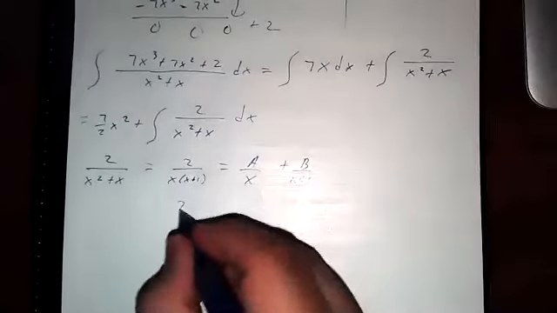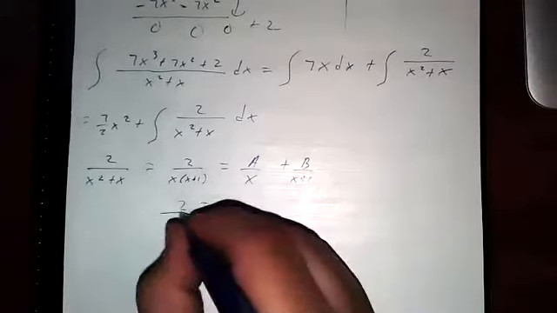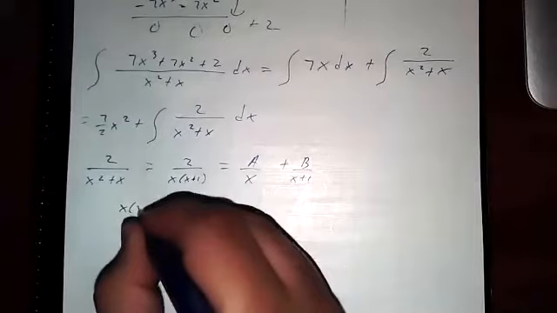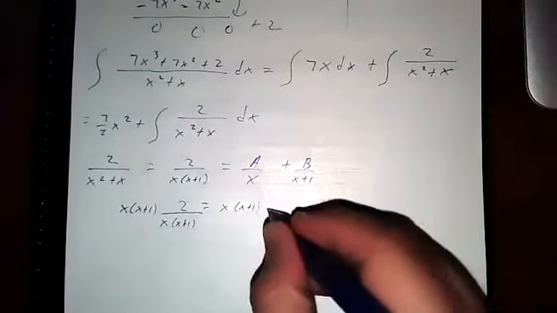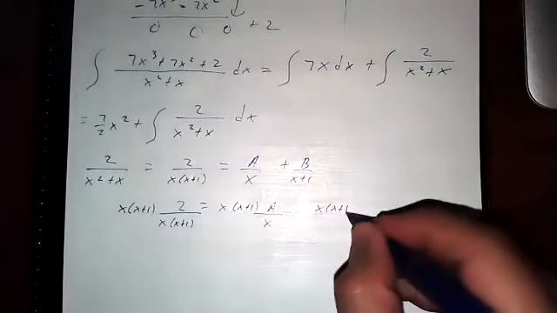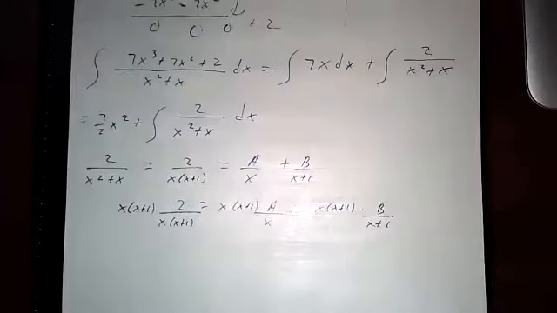This will give me 2 equal to x times x plus 1 times the a over x plus x times x plus 1 times the b over x plus 1.